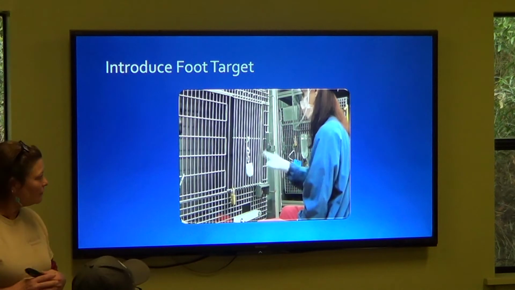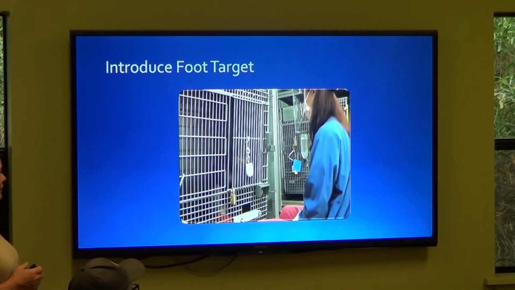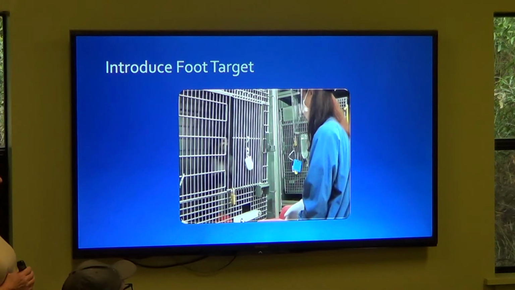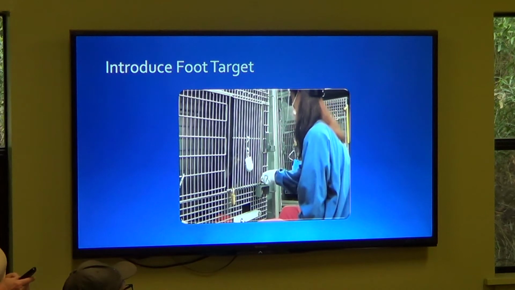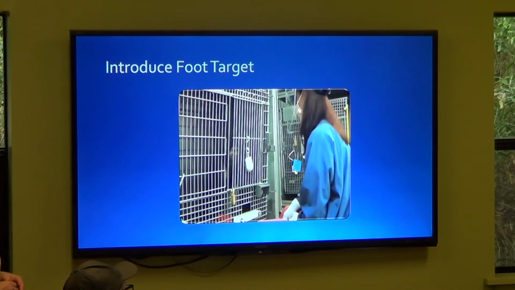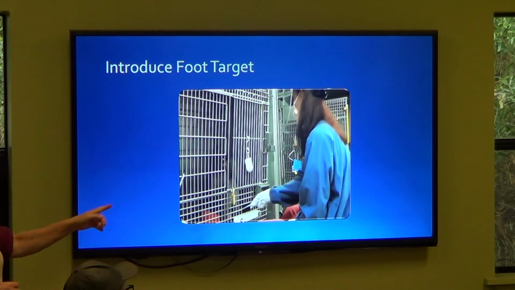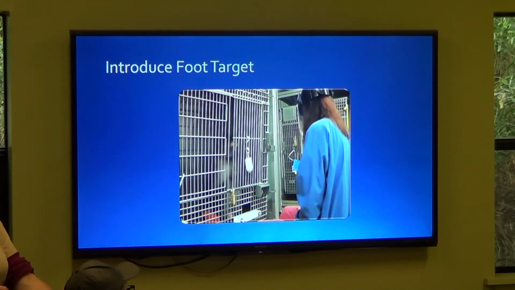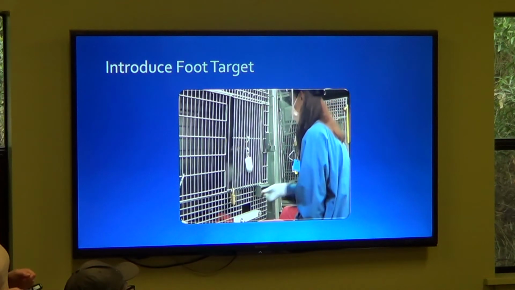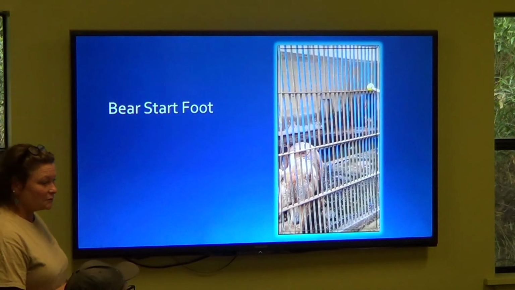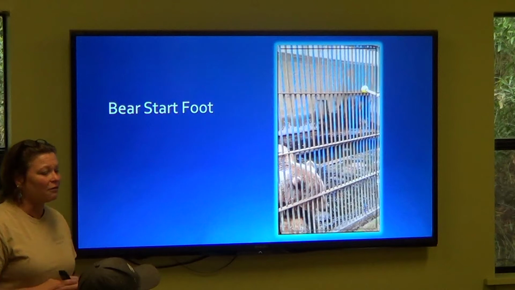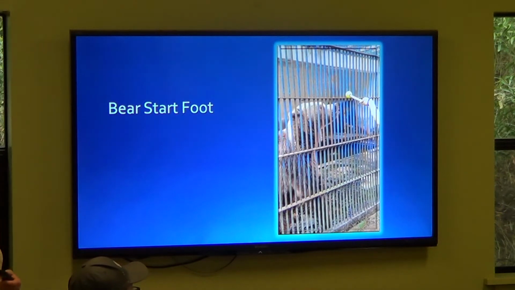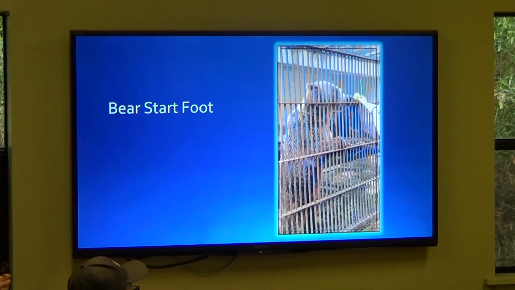This is in a lab, obviously, but it's a nice example of introducing a foot target to a mangabey monkey. So she's using the little popsicle stick and just reaching in and touching the foot. Similar to this one, although the bear's foot is presented, so she doesn't have to reach in.